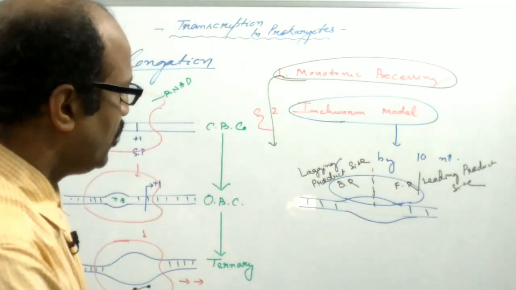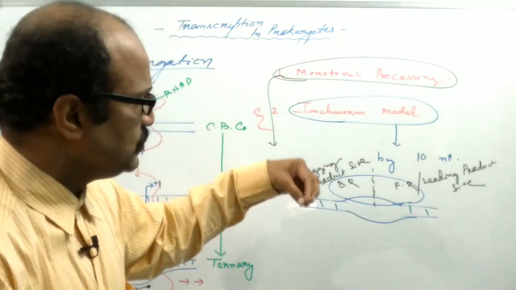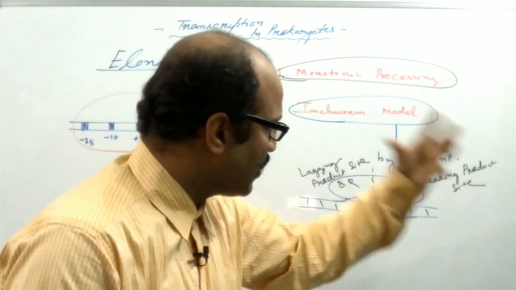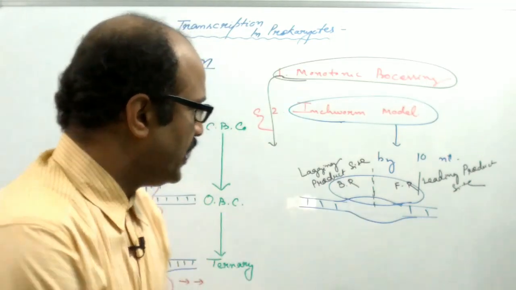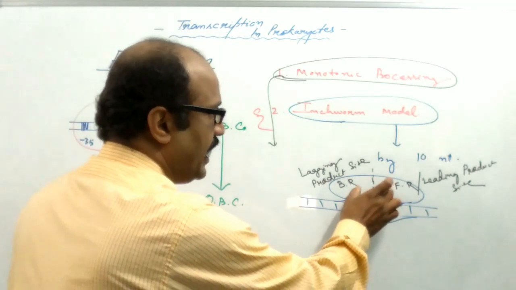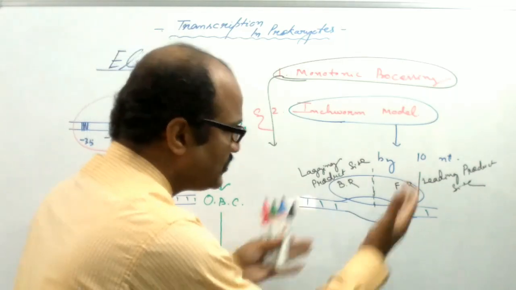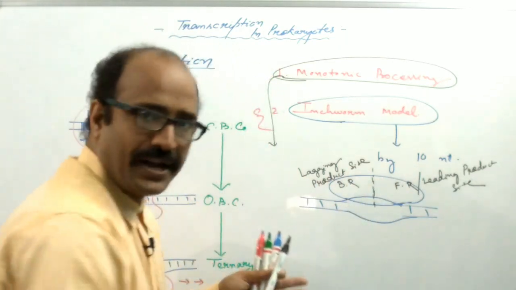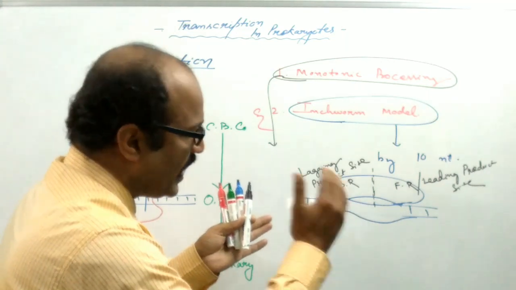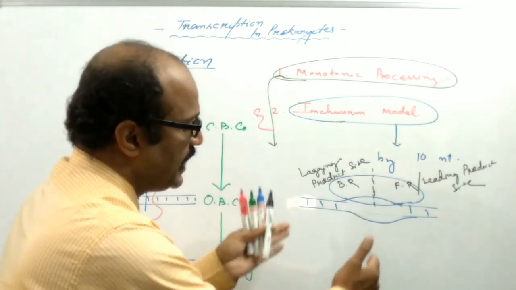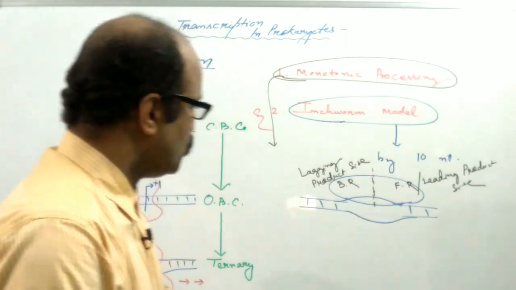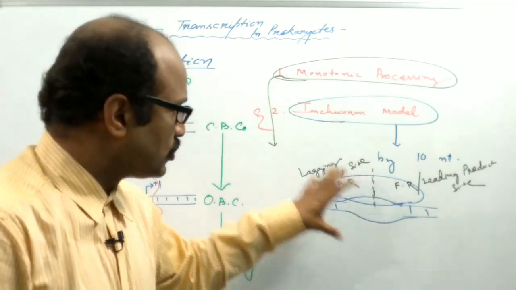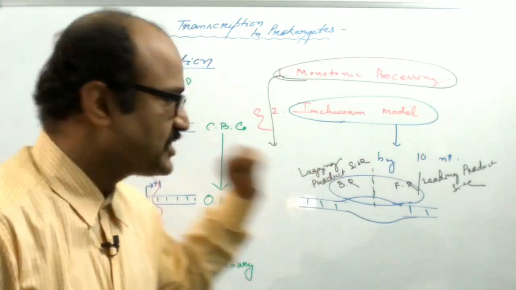So simply we say that at a time 10 nucleotides are copied and released. Again 10 nucleotides enter into the RNA polymerase, and after copying, the 10 nucleotides are released, and another 10 nucleotides enter. So here the copying of the nucleotides, or the formation of the transcript, takes place discontinuously.